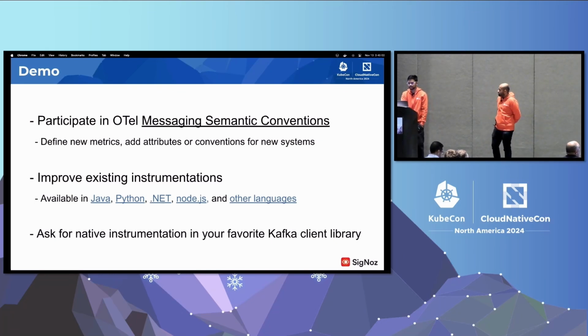There is OTel Messaging Semantic Conventions, where we discuss how to standardize OTel semantic conventions. And also you can contribute by creating issues or making changes in our client SDKs, for example, Java and other languages.